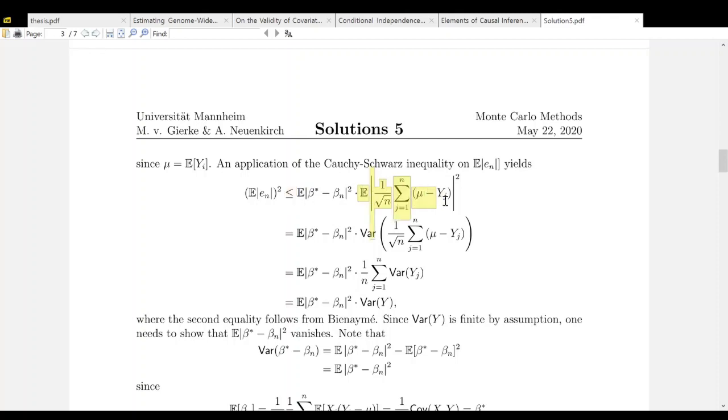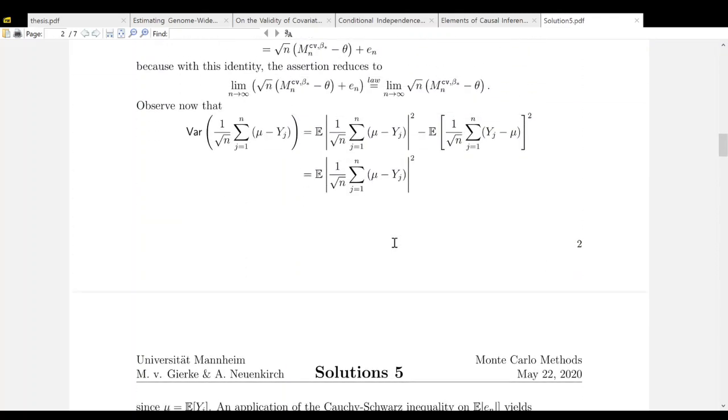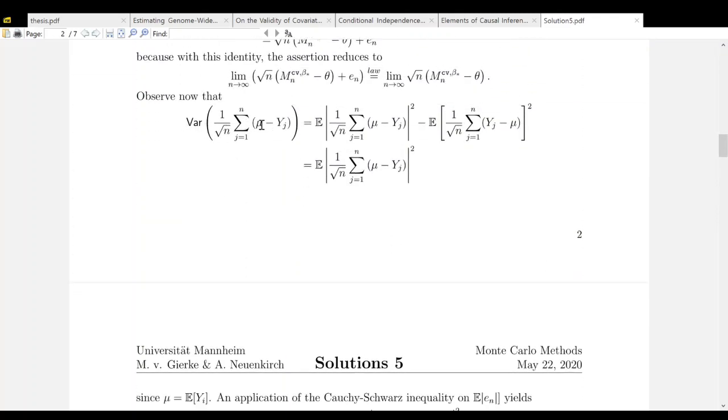But now the point is we have this here, and this part is actually just the variance, because if you look at what the variance of this sum is, well, it's the second moment minus the squared first moment, and because in the first moment we have this yj and the minus mu, and mu is the expectation of yj, this part just vanishes when we pull this expectation inside the sum with linearity.